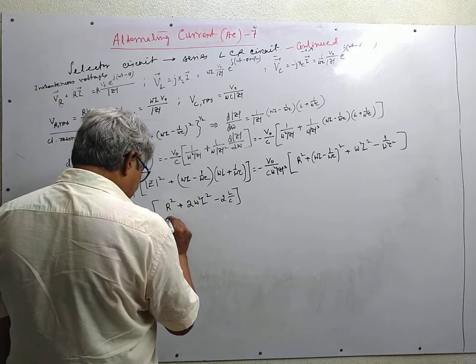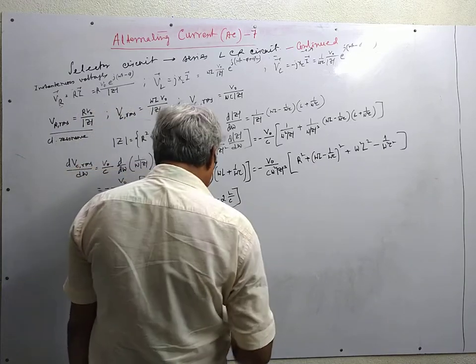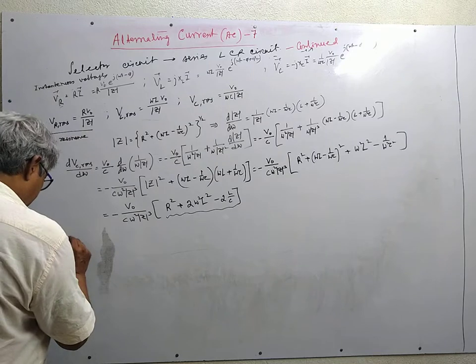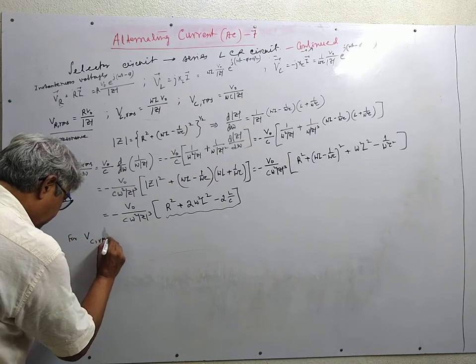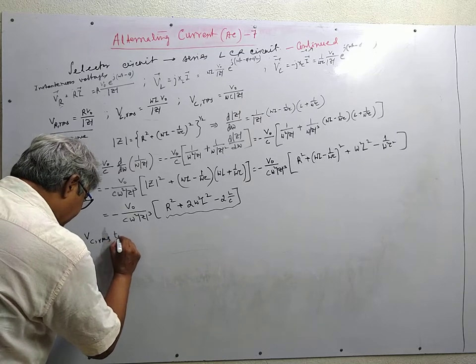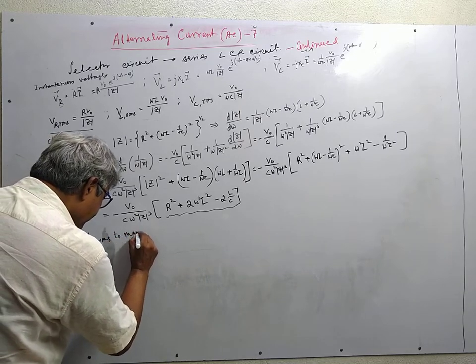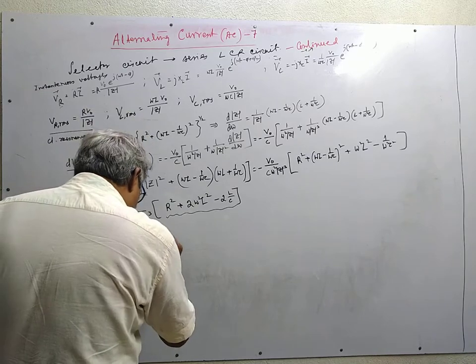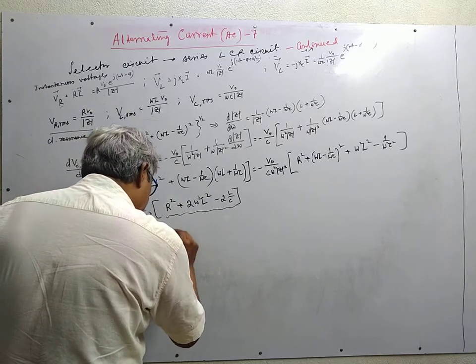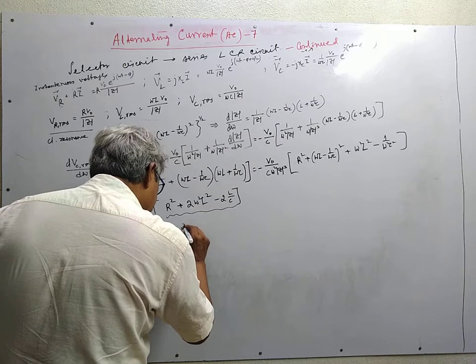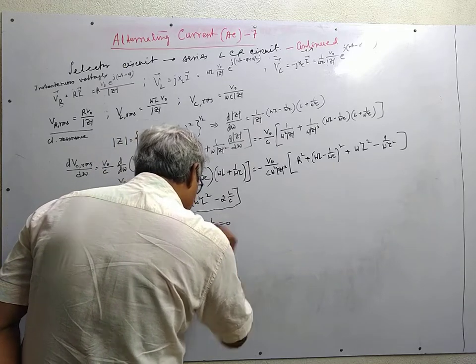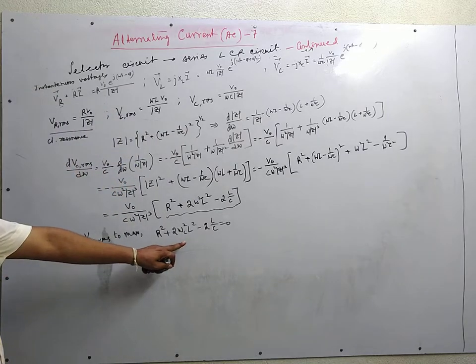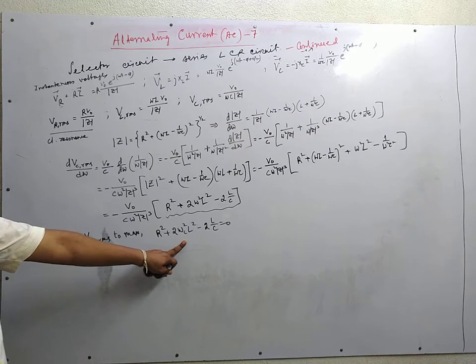So for VC to be a maximum, this has to be 0. For VC RMS to be maximum, R square plus twice omega C square L square minus twice L by C has to be 0. This subscript C means it is the frequency at which VC max appears.